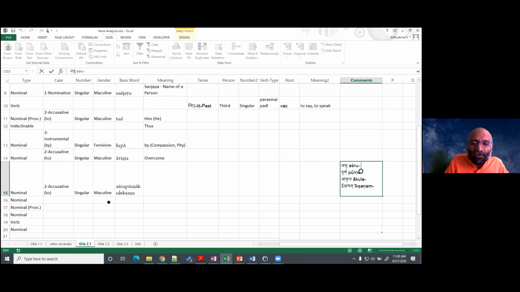You will not find Ashru Purna Akulekshanam in the dictionary; you will find these individual words, and then you have to understand how to make sense. So Ashru means tear, Purna means full, Akula means agitated, and Ikshanam means eye.